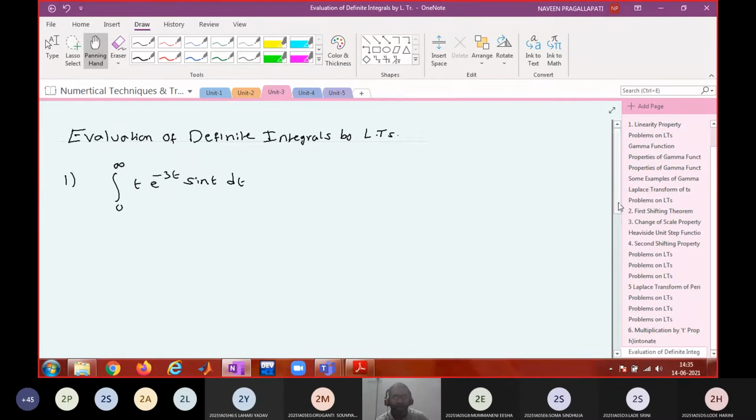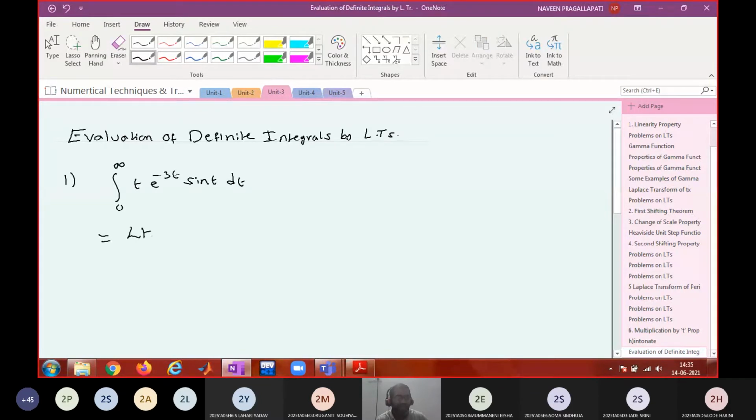Now through Laplace transforms, how can we do that? Is it looking like the Laplace transform of some function t into f of t with s equal to 3? Why? Because in a Laplace transform it should be e power minus st, but here e power minus 3t is there. s is a variable or parameter, but here 3 is a constant. So how can we see this one?